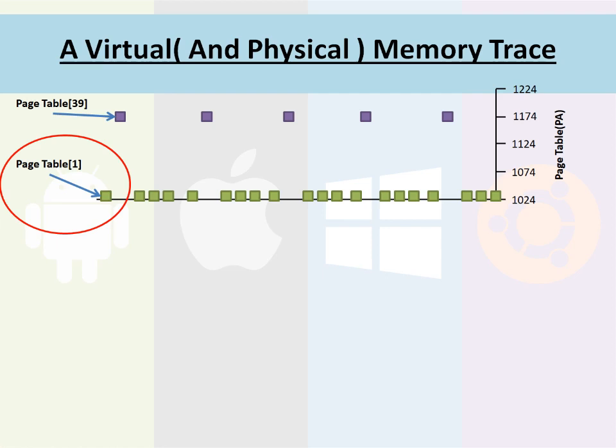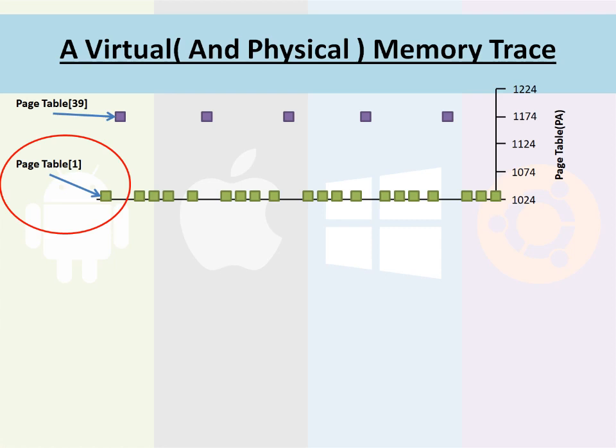For this example, we'll assume that the virtual address space is 64 kilobytes, which is quite small normally. We'll also assume a page size of 1 kilobyte for each page in the address space. And all we need to know now are the contents of the page table and its location in physical memory.